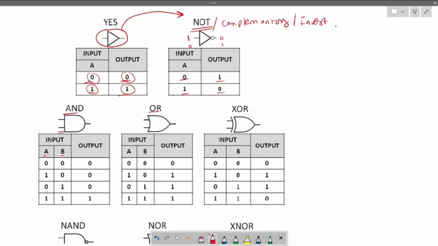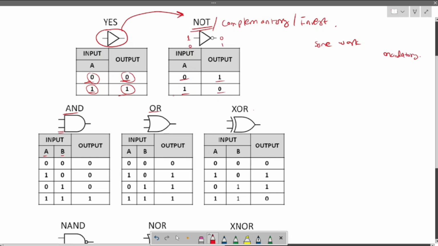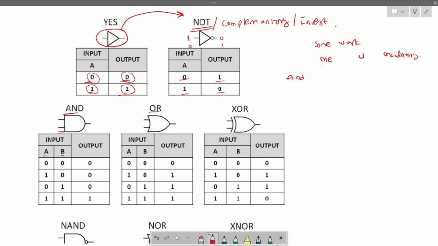Suppose some work is mandatory, like me and you. This is the truth table. For AND, it is like me and you are both mandatory; for the work it is like a multiplication.